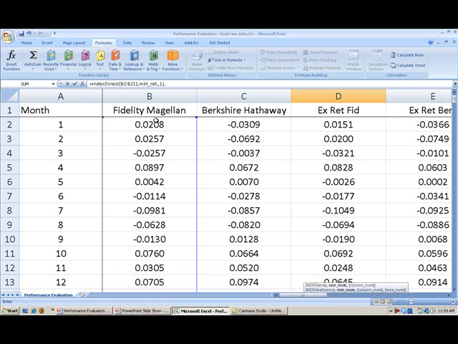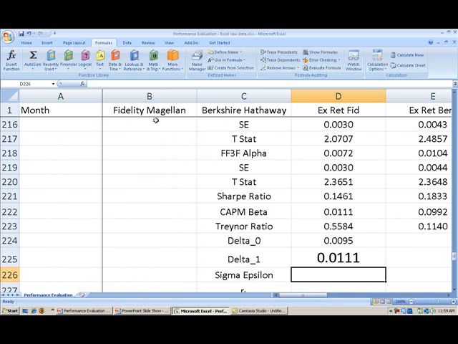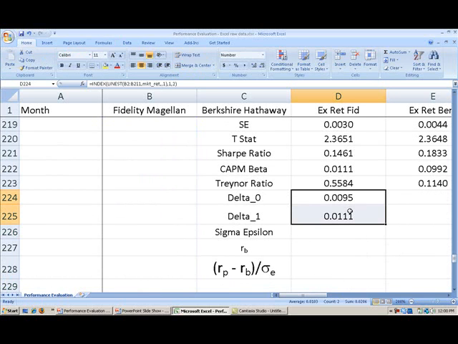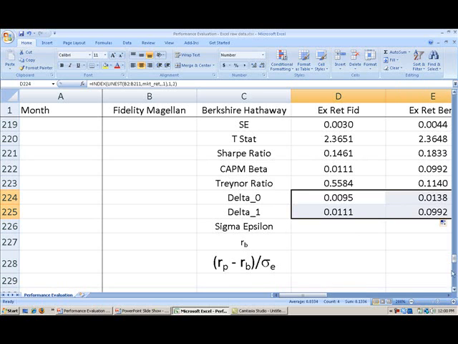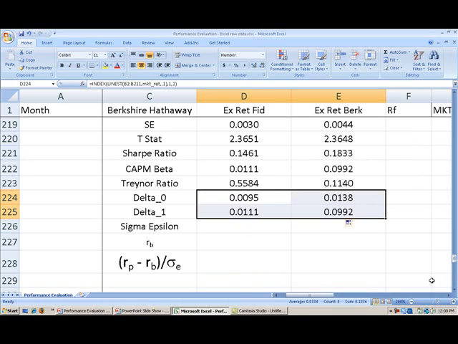We're going to look again in row 1, but we're also going to look for this beta in column 1. Close brackets, hit enter. We can do the same for Berkshire Hathaway by dragging the cells across. So we've now calculated the estimates of delta 0 and delta 1 for both Fidelity and Berkshire.